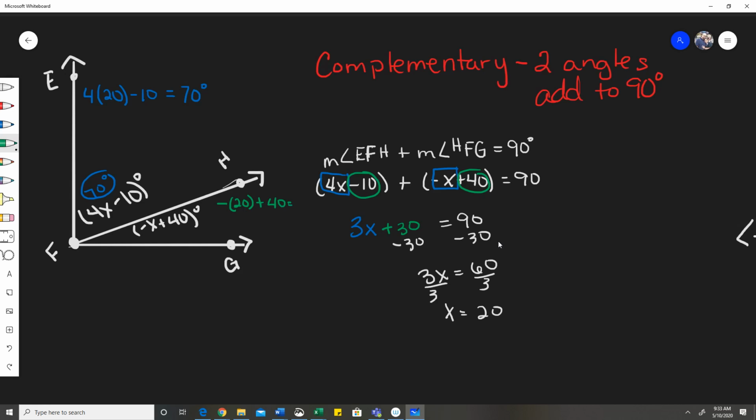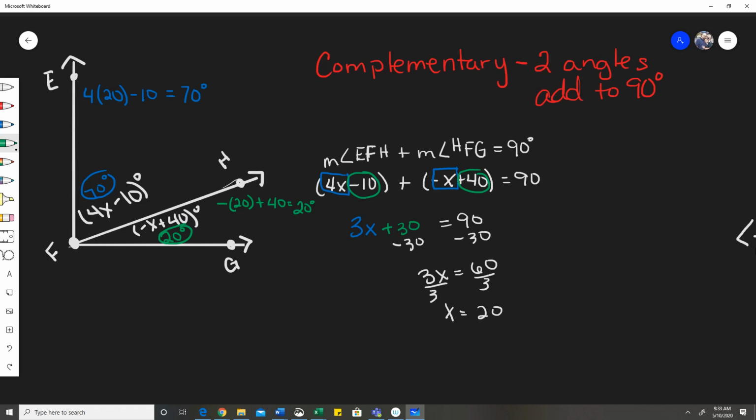And when we put that together, we get 20 degrees. So this angle is 20 degrees. And if I add 70 plus 20, I get 90. It's kind of a quick check for you. If you added them correctly, multiplied everything correctly, and substituted correctly, these two angles should add up to 90 degrees.